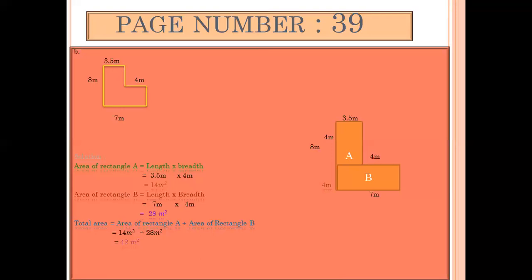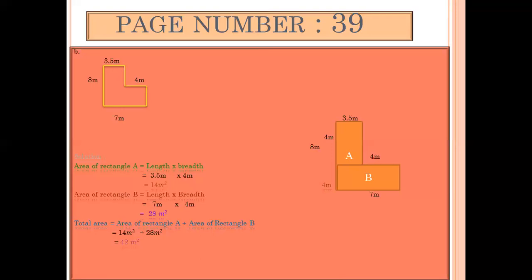We converted this shape into two rectangles A and B, and we have already found the areas of A and B. In the end, we add these two areas and we get the area of the composite shape. 14 meter square is the area of rectangle A and 28 meter square is the area of rectangle B. After adding 14 and 28, we get 42 meter square, which is the area of the whole composite shape given in the question.